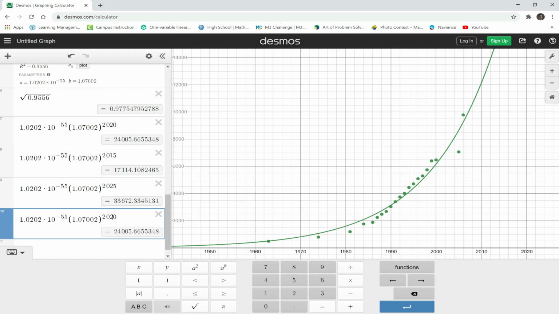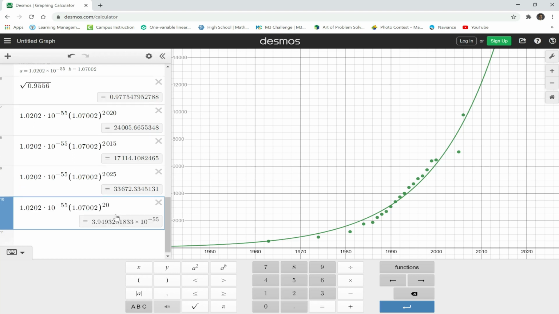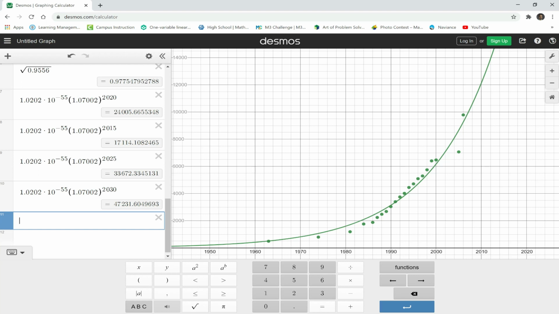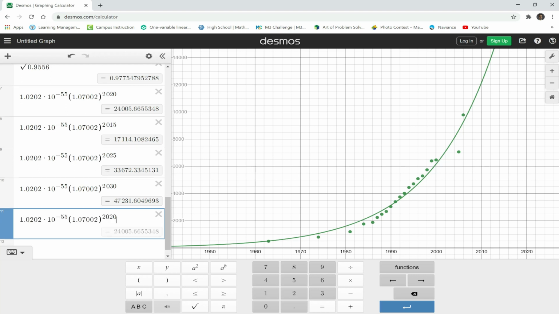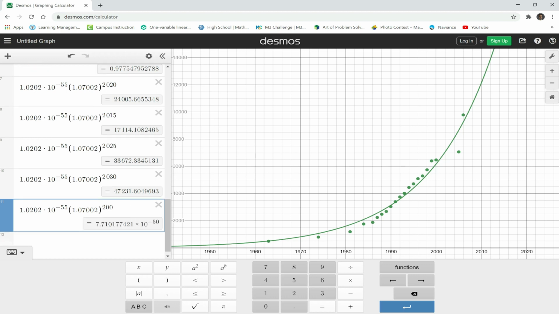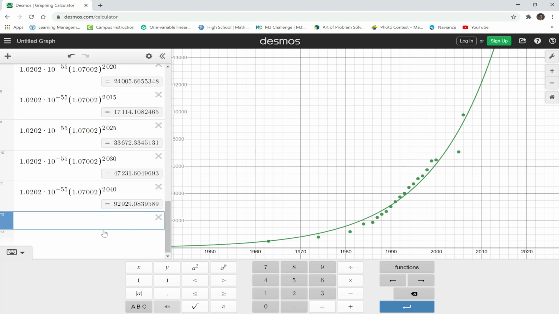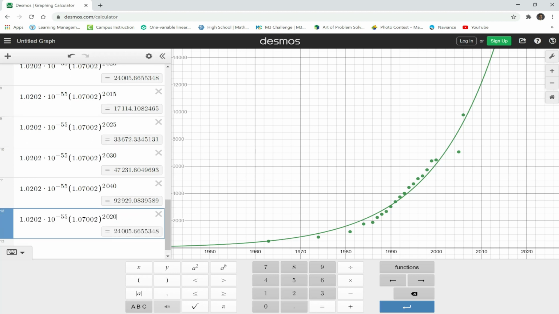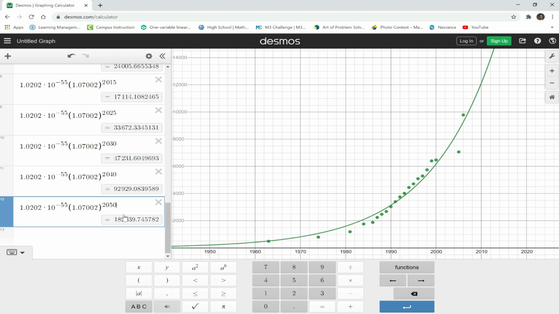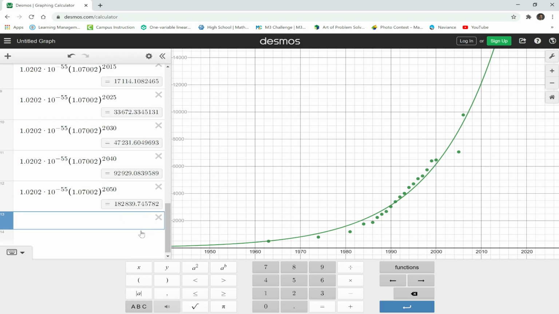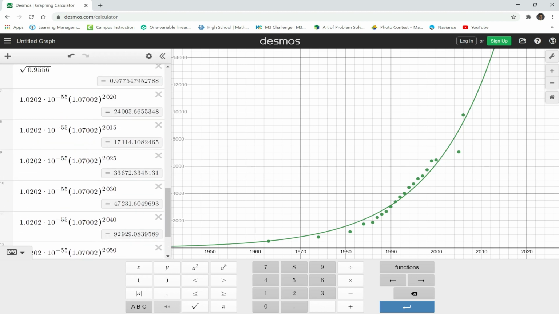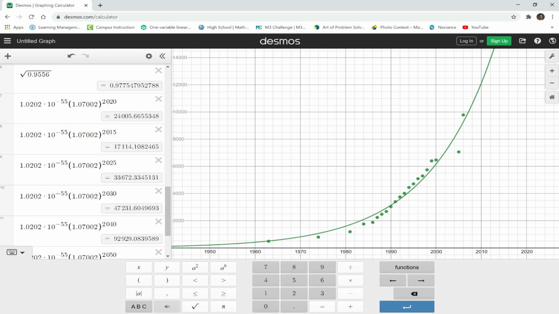Paste it. Now you want 2030: 47,231. Control V. We want 2040 and 2050. 92,929. And then one more time, 2050: 182,839.